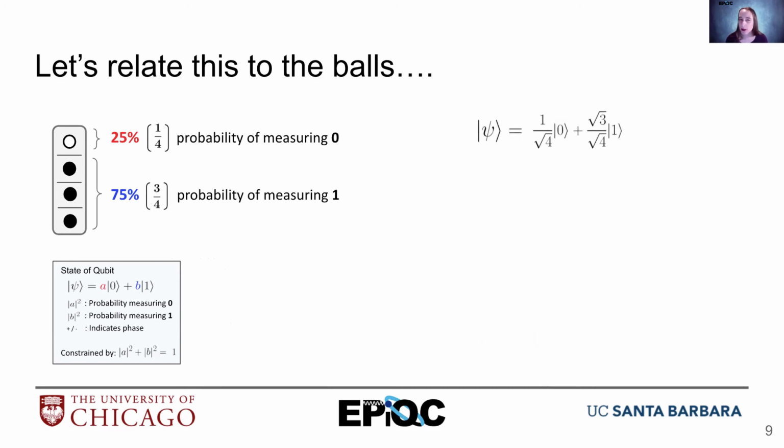What's the square root of 4? It's 2. So we would have a 1/2 in front of the 0 and a root 3 over 2 in front of the 1. But we've left it as square root for you so that you can see the calculations more easily. Okay. All right, so then we would square it to get the probability, which is why we get 1/4 and 3/4.